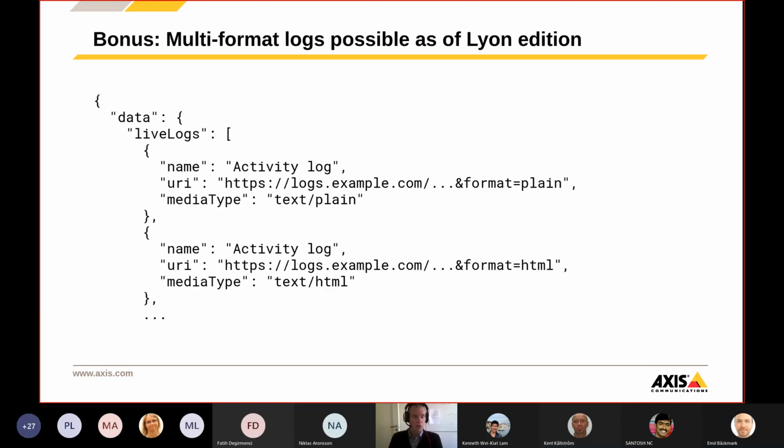And as a bonus, since we're not storing a physical log file in that sense, we can easily serve the logs in any format we like. So with the new media type field that was added or is going to be added in the Lyon edition, we could have different URIs to suit different formats.